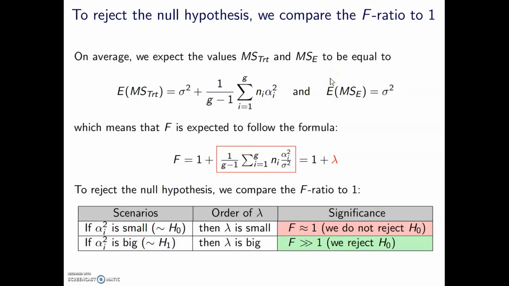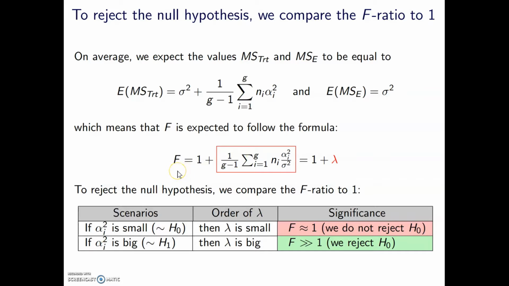ANOVA works in testing the null hypothesis due to the expected values for the mean square, where the expected mean square of errors is sigma squared, and the expected mean square for treatments is sigma squared plus this value. And in simple terms, this just means that the mean square for treatments is always going to be larger than the mean square for errors.